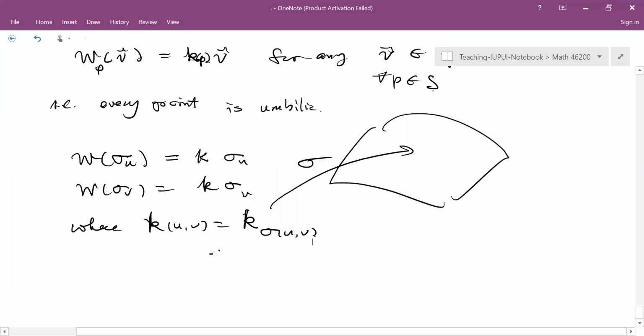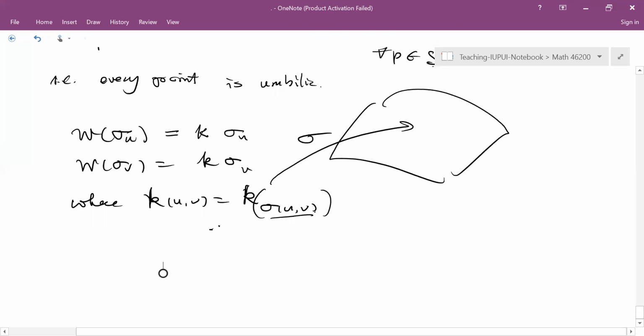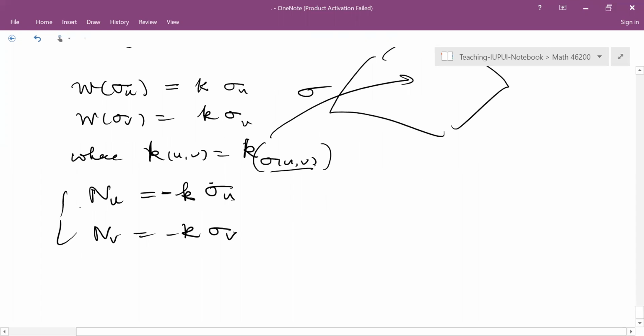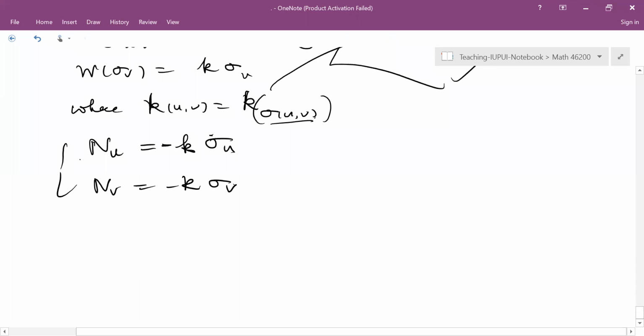This is a function on the surface now. At the point, because every point is expressed using the surface patch, this becomes a function of uv. But remember, for the normal vector, this is a negative, right? So that's why I have negative sigma u and negative sigma v. Okay, we have these two identities.